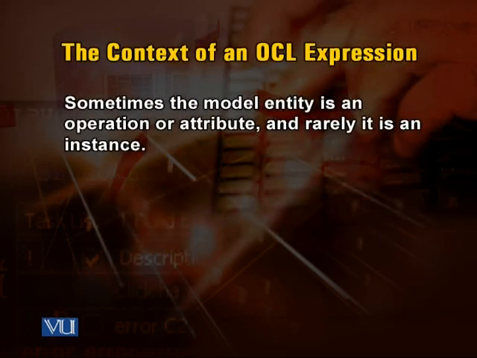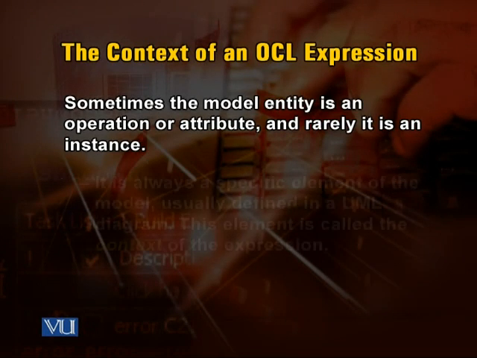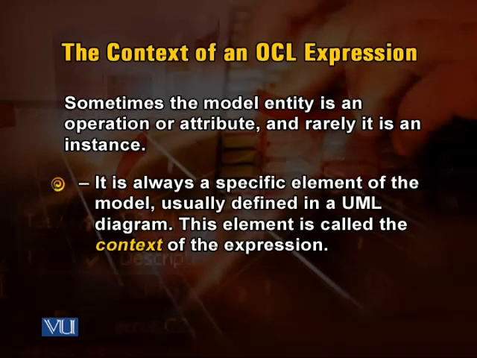Sometimes the model entity is an operation or attribute, and rarely it is an instance. So it is always a specific element of the model, usually defined in a UML diagram. The element is called the context of the expression.